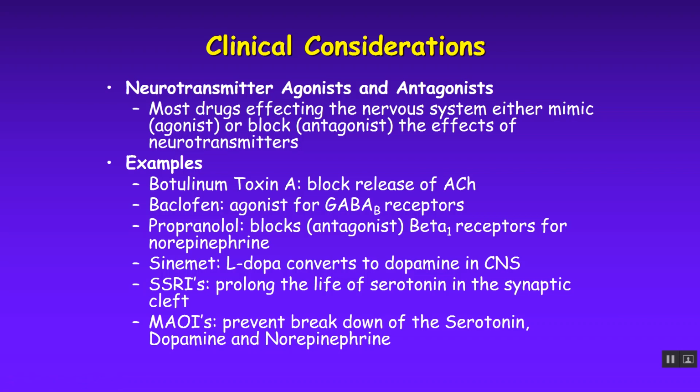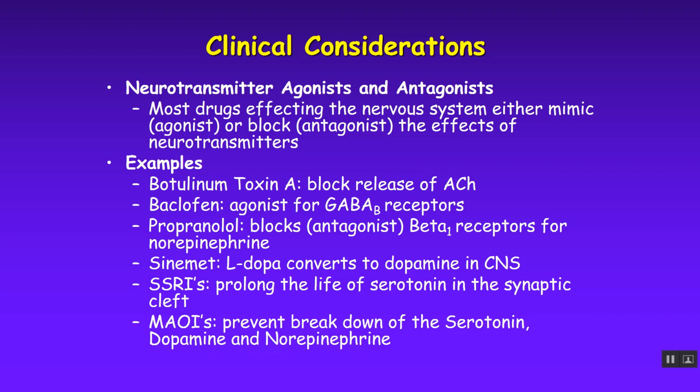So just some clinical considerations. And you guys are doing pharmacology right now? So you guys are going to be applying this to your neuropharmacology. Because when you start talking about drugs that influence the nervous system, you're talking about drugs that are mimicking neurotransmitters is all they're doing, or they're blocking them, okay?